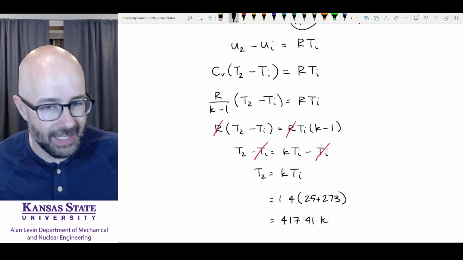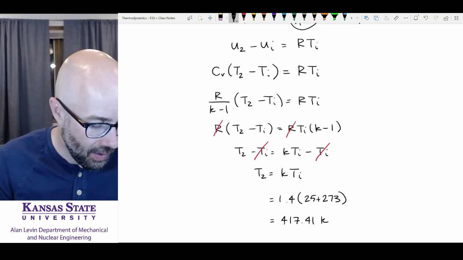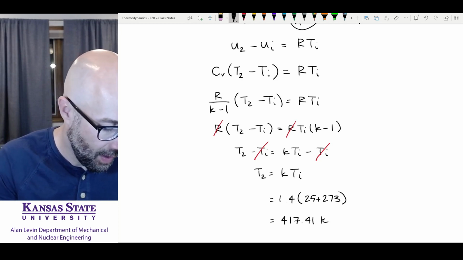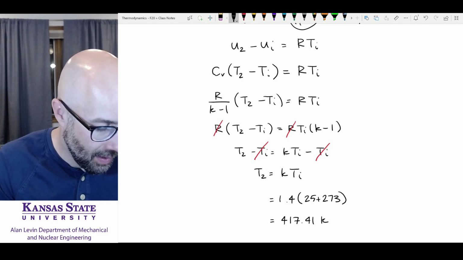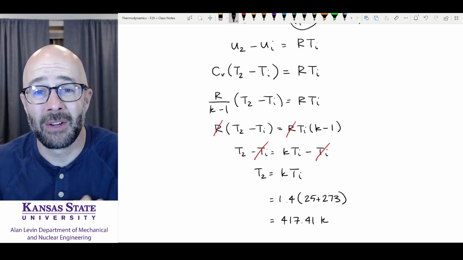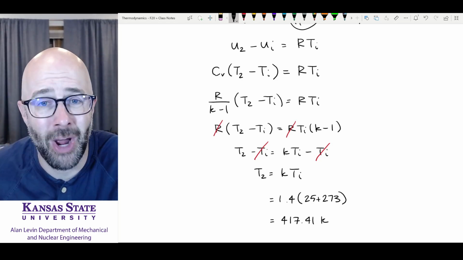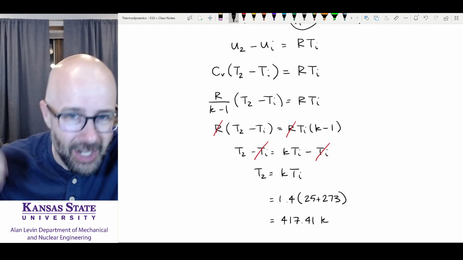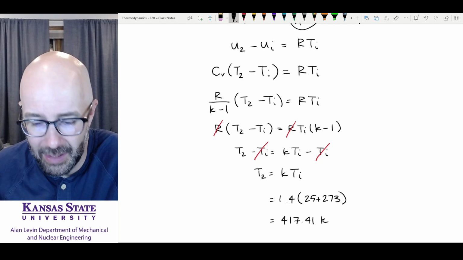Subtracting 273, we're saying the temperature in that tank is going to be 144 degrees Celsius, which is surprising that it's that hot when that air is rushing in there. But that's the temperature that it would get to.